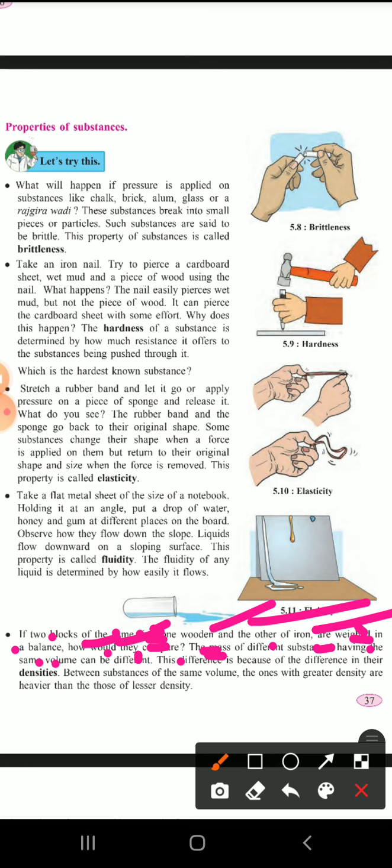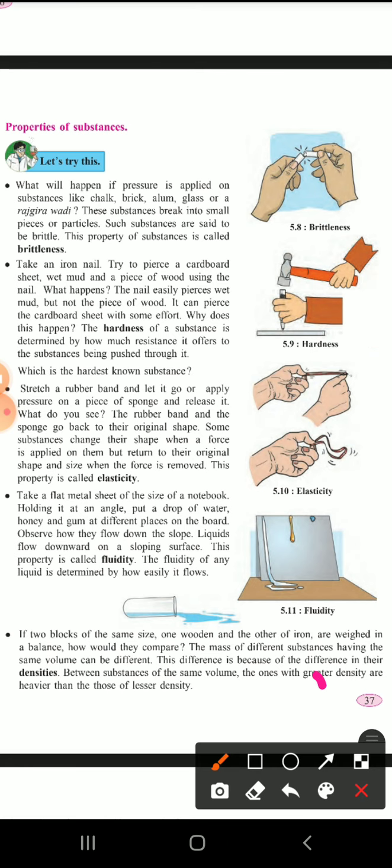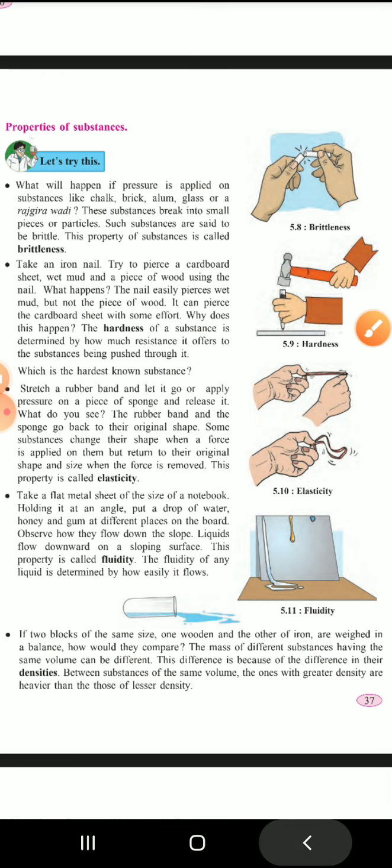This difference is because of the difference in their densities. Substances with greater density are heavier than those of lesser density.